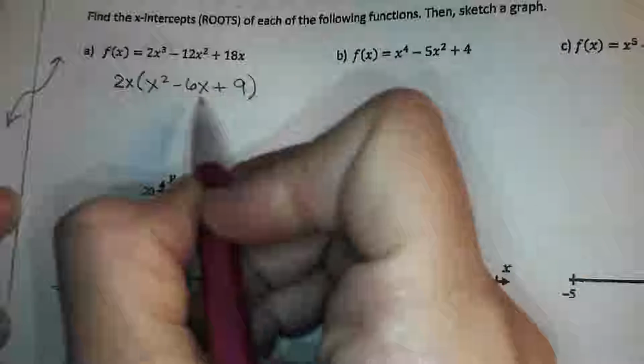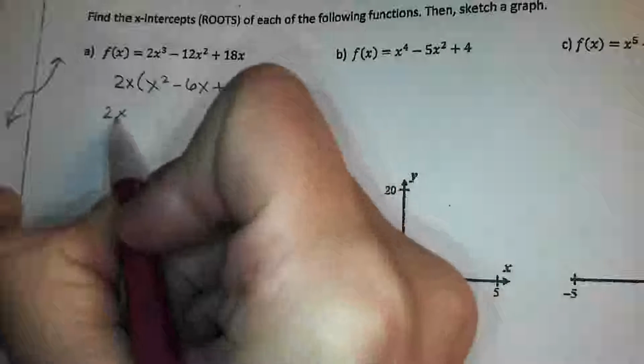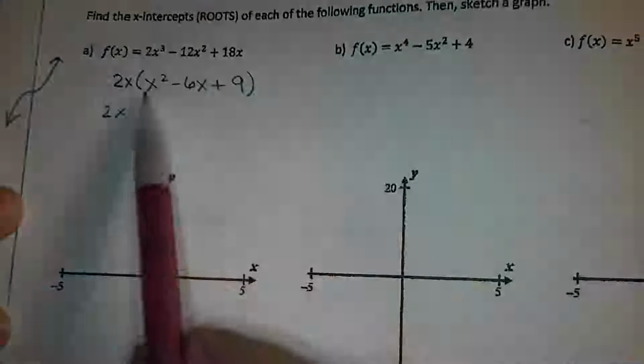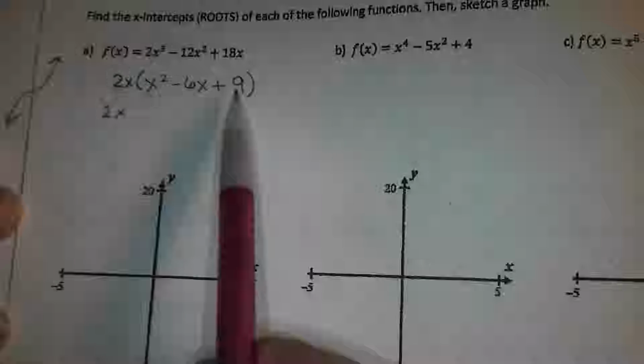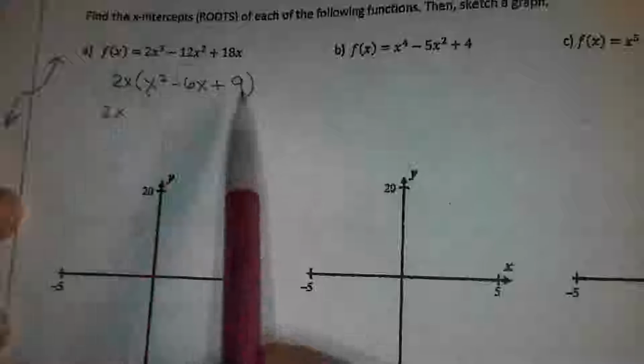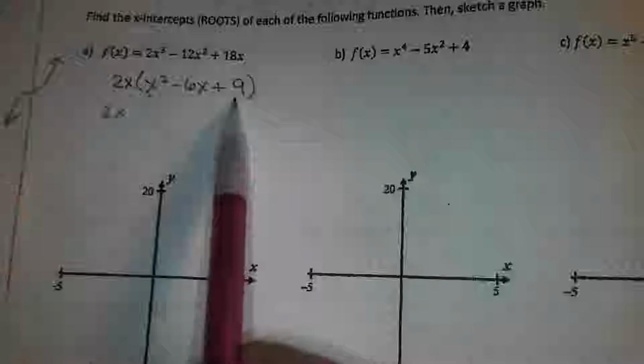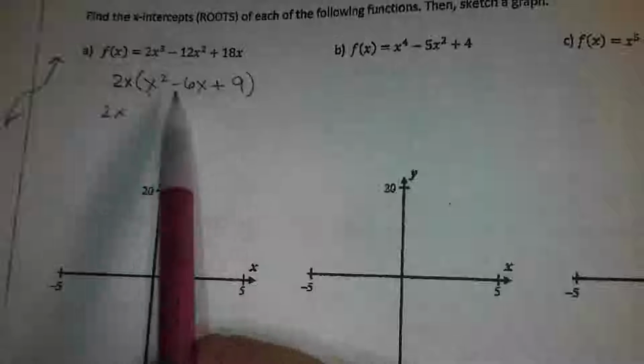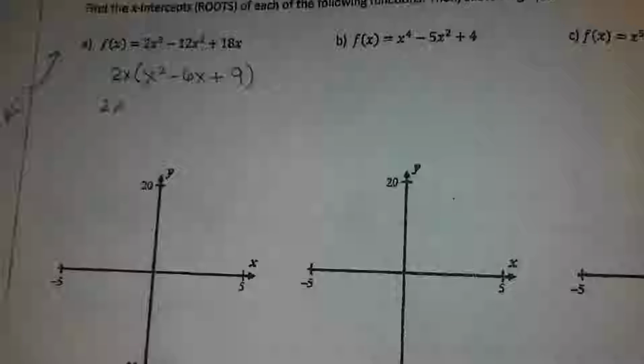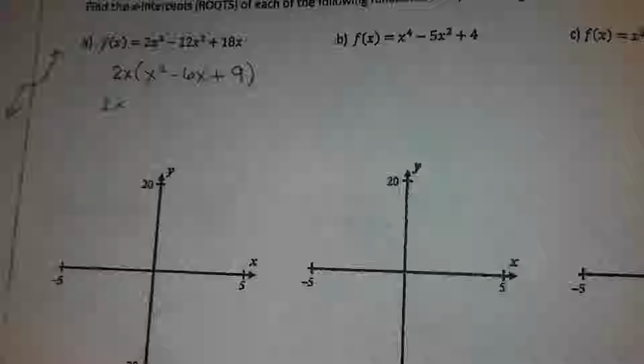You should notice that this has a special pattern. What's the special pattern? That's a perfect square with the square root of x. That's a perfect square with the square root of 3, right? And 3 times x doubled gives you 6. So this is a perfect square trinomial.